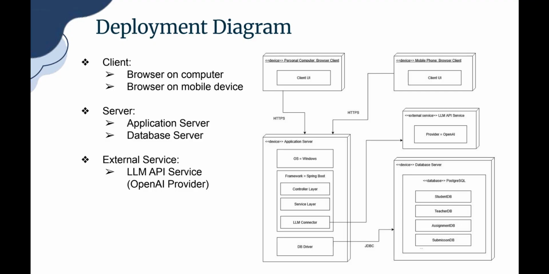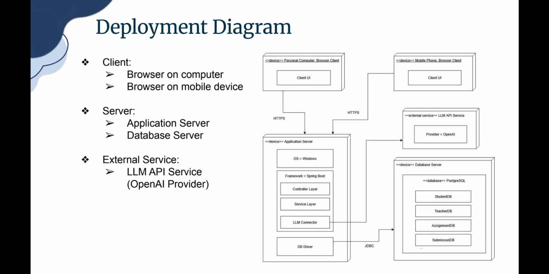This is our deployment diagram. It shows that users can access the system via a browser on a personal computer or a mobile device over HTTPS. The application is developed with the Spring Boot framework and deployed on the Tomcat server environment. It contains multiple layers such as controller and service layers, plus an LLM connector for AI agent features.